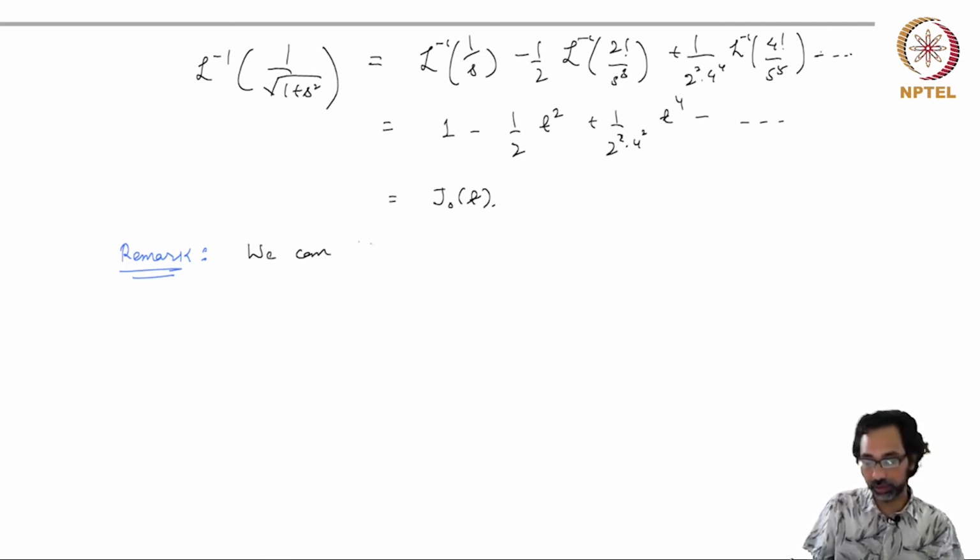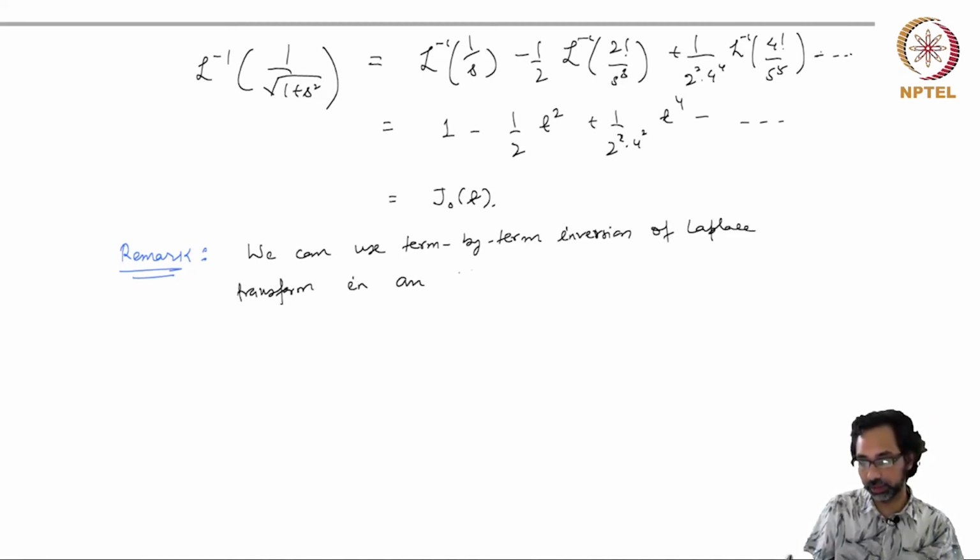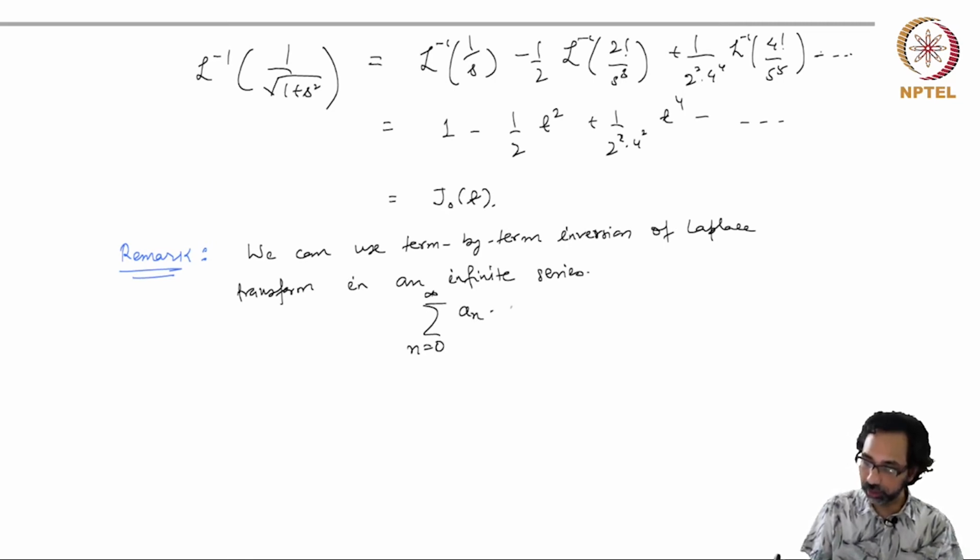We can use term by term inversion of Laplace transform in an infinite series given by, say, sum over n equal to 0 to infinity of a_n times 1 over s to the power n plus alpha, where alpha is greater than or equal to minus 1.